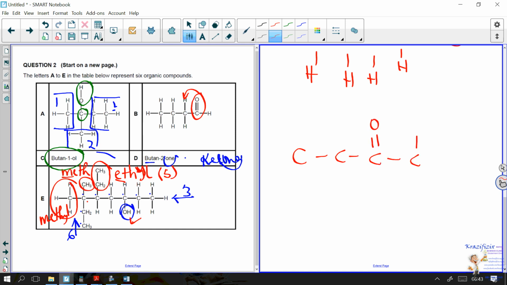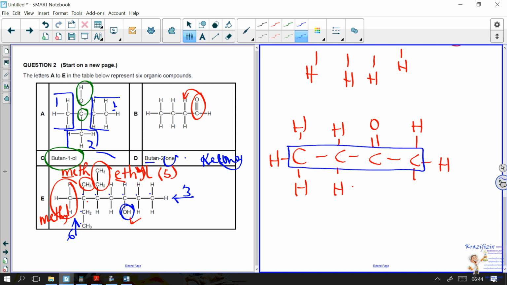It is no longer an aldehyde. It has become a ketone. And what do we have? Butane, because it is 4 carbon atoms. Carbon 1, carbon 2. That is your butan-2-one there. And that's the structure.